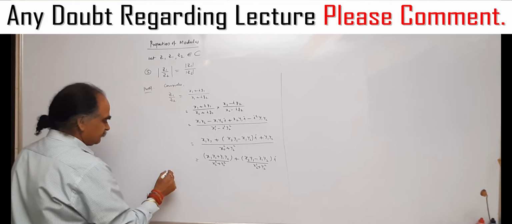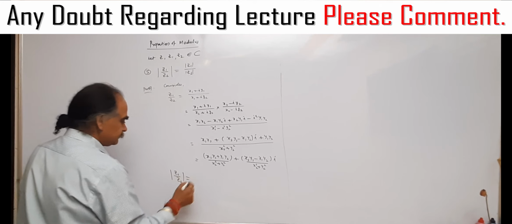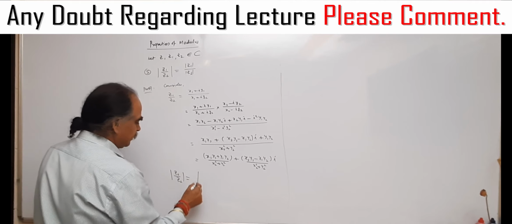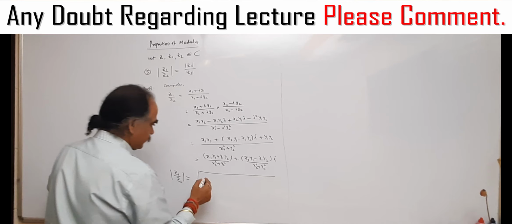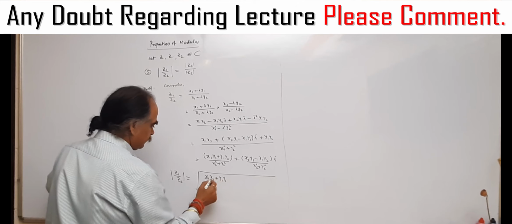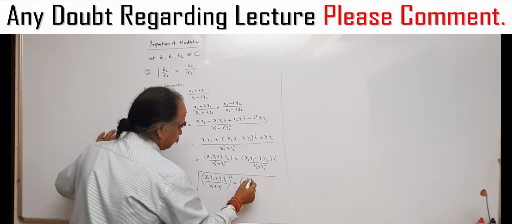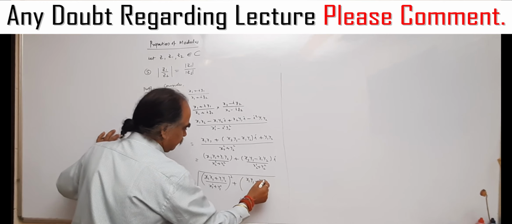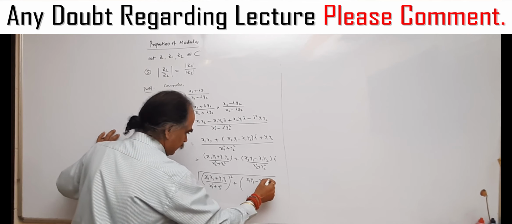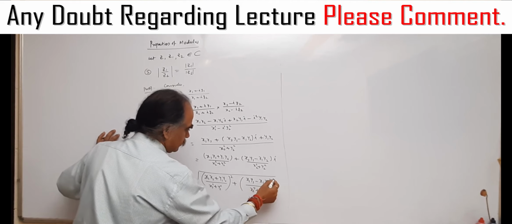Now we go to what? Modulus. So mod of z1 upon z2 is what? Modulus of this will give you what? Real part square plus imaginary part square: x1 x2 plus y1 y2 upon x2 square plus y2 square, the whole square, plus x2 y1 minus x1 y2 upon x2 square plus y2 square, the whole square.